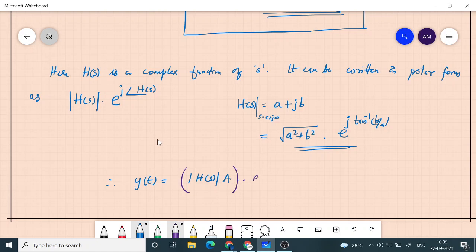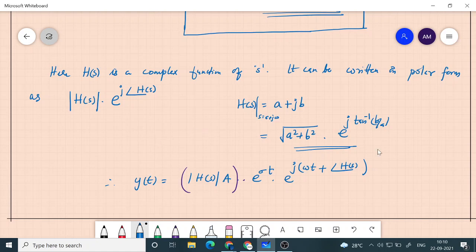And then e raised to sigma t into e raised to j times omega t plus the angle of H of s.